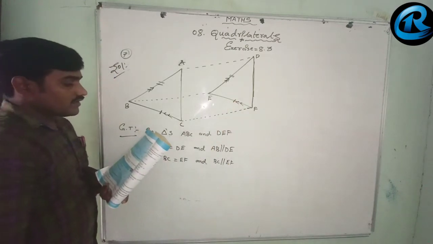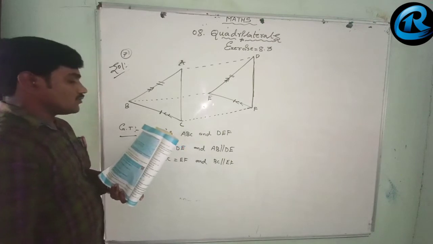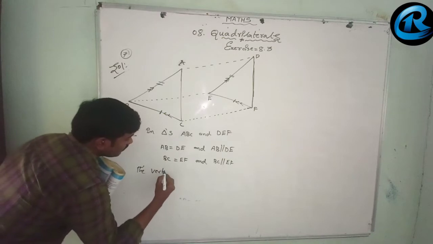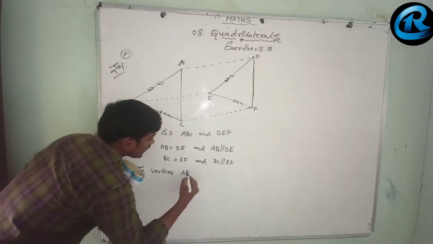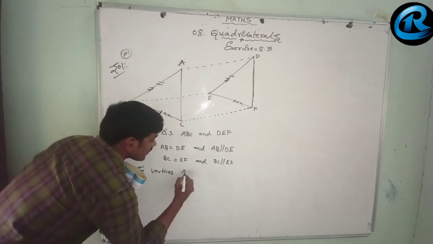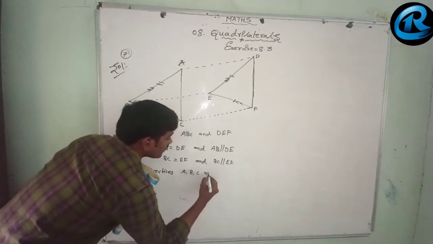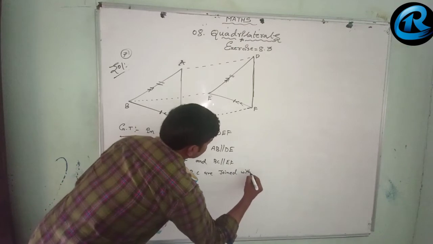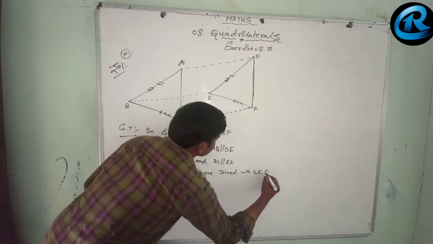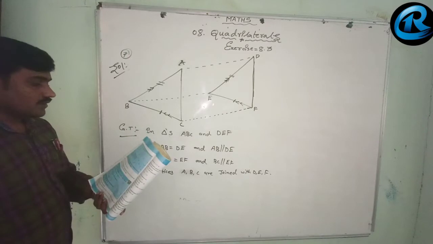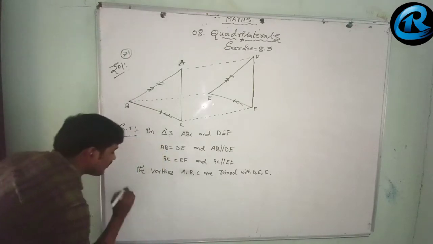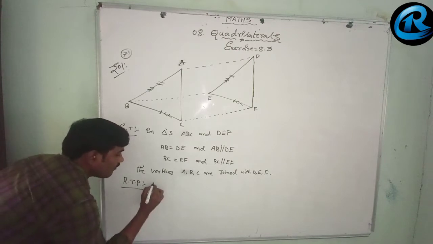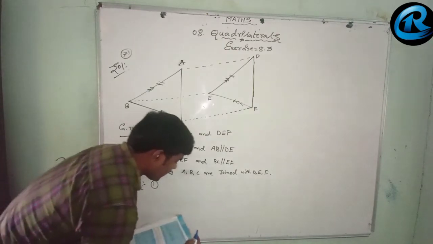Now the vertices A, B, C are joined with D, E, F. Then we have to prove it here. RTP number 1. What is that?